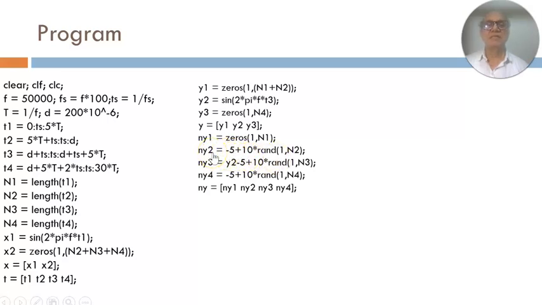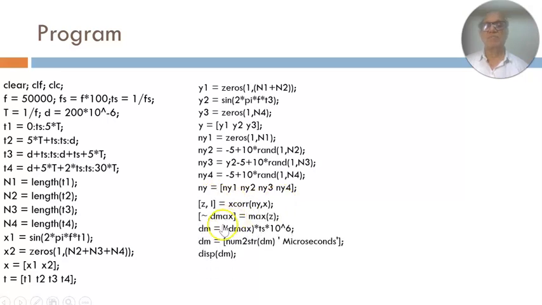This is where the receiver starts, so that is minus plus 10 times random. In the third segment, you add the received signal to the noise, and that is your NY3. In the fourth segment, after the received signal sine wave is over, you need again a random noise signal. You put all of them in sequence, NY1, NY2, NY3 and NY4, and you get your NY.